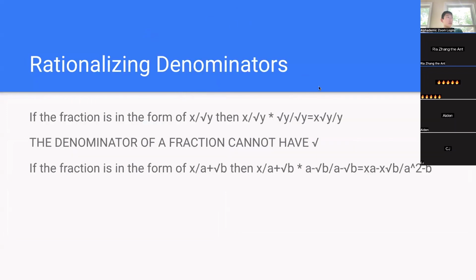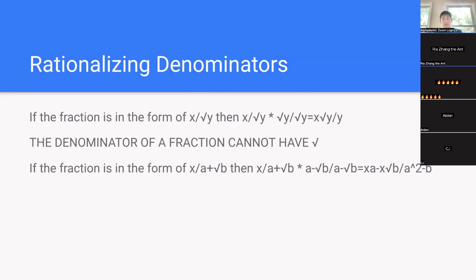All right, next up, rationalizing denominators. You can quickly read through it, but the main point is that the denominator of a fraction cannot have a square root in it, because when you have a square root in the denominator, mathematicians just don't like that.